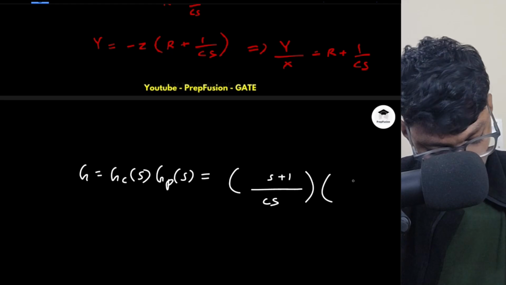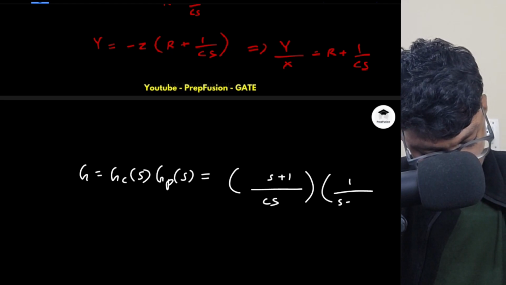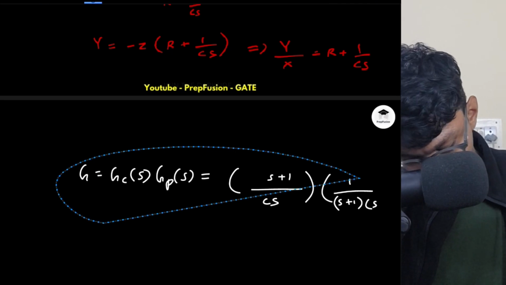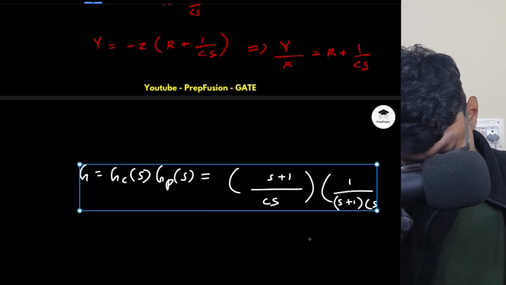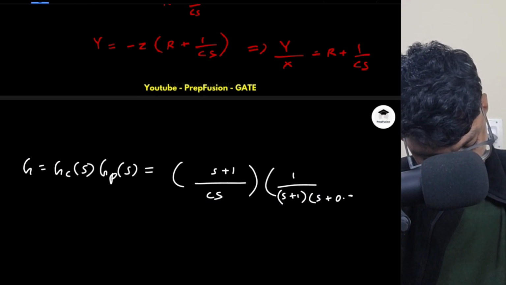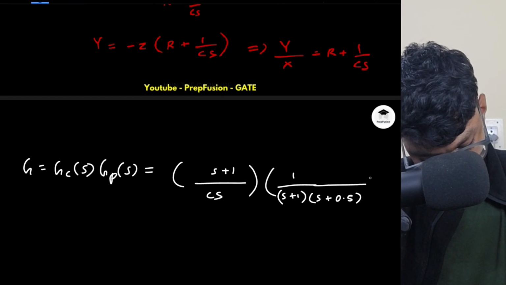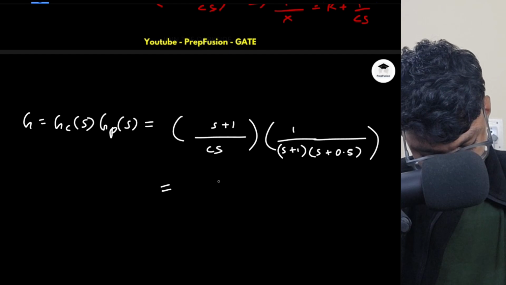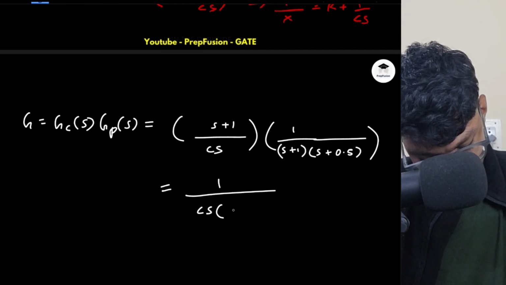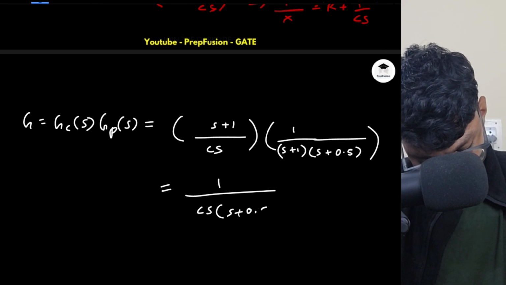So this will be (S plus 1) divided by CS into (S plus 1) into (S plus 0.5). Okay, so this is equal to 1 by CS into (S plus 0.5).